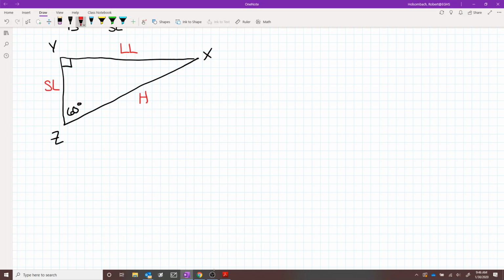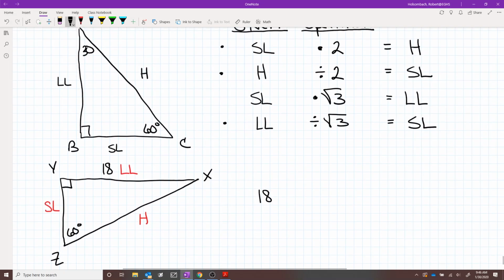So in this problem, let's say that you are given the long leg, and it's 18. You look at your chart: if you're given the long leg and you divide it by the square root of 3, it gives you the short leg.